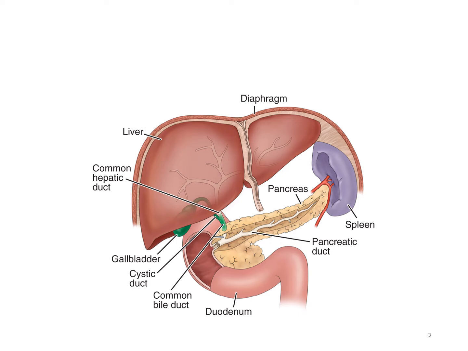All right, so you're looking at this picture closely once again, and you're looking at all the important features that are present here, right? That includes the gallbladder, and from there you have what is known as the cystic duct.